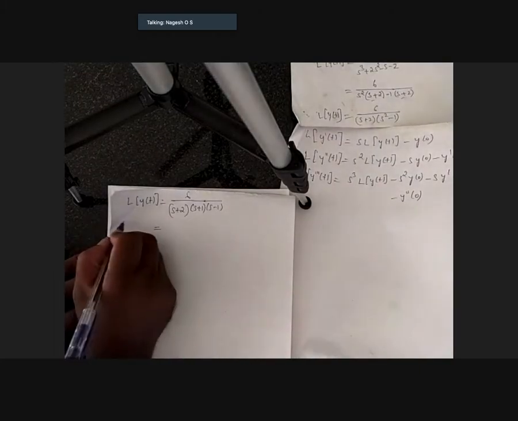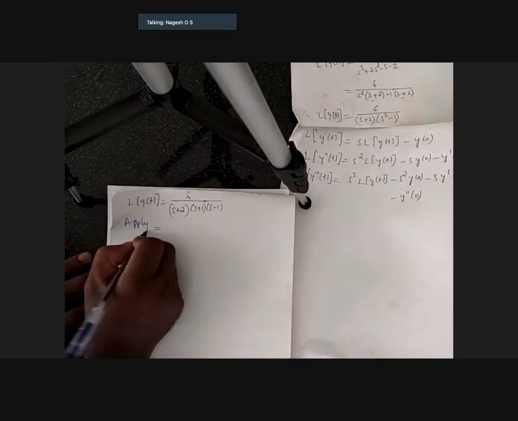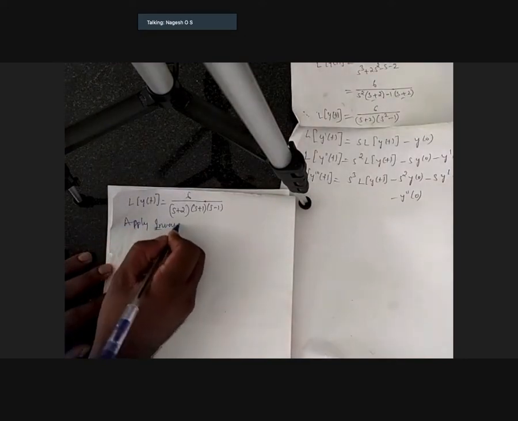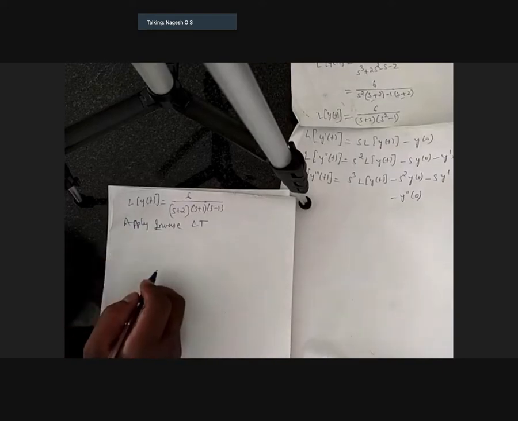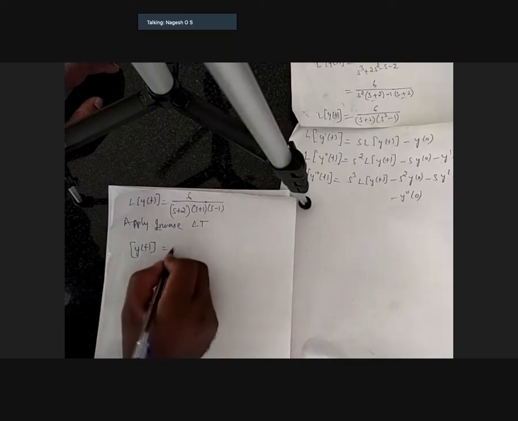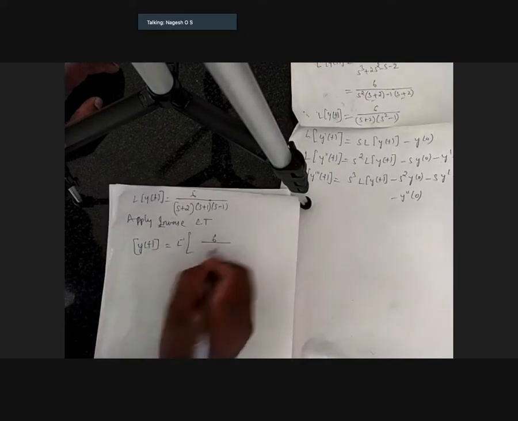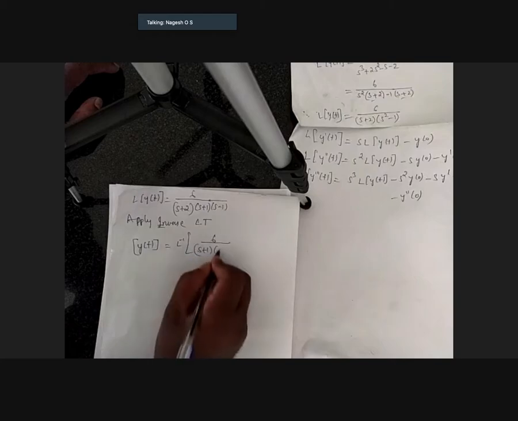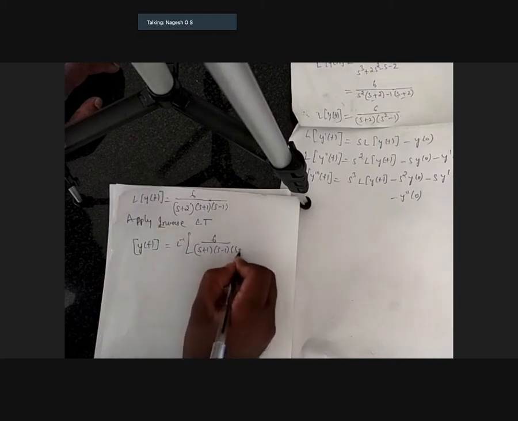Apply inverse Laplace transform. Then y of t is equal to Laplace inverse of 6 by s plus 1, s minus 1, s plus 2.